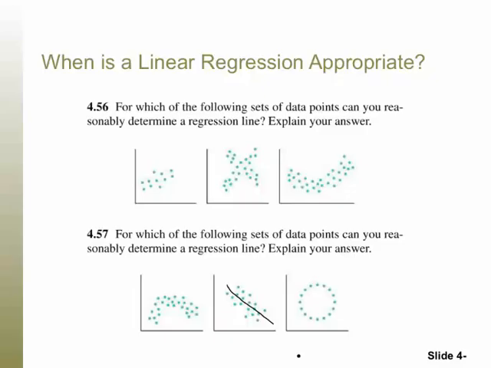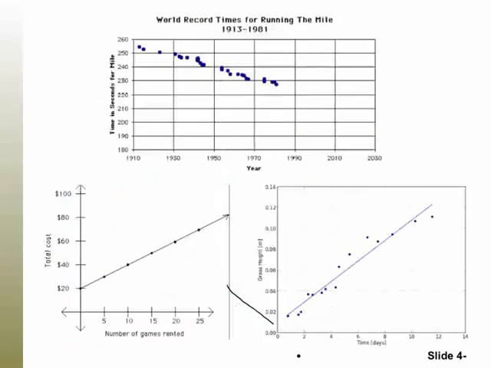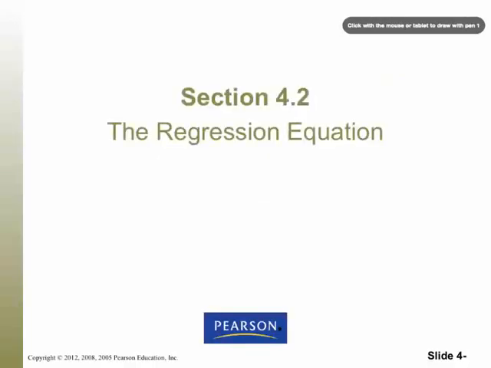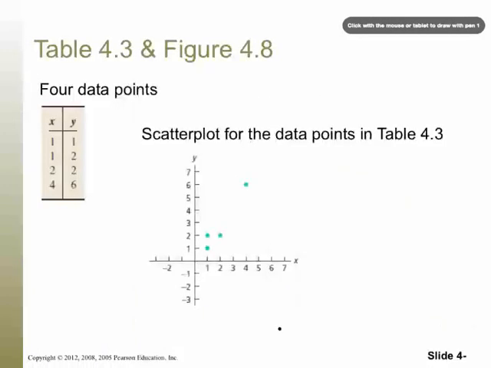Like the ones we saw on the previous page, these both have a very strong linear tendency, whereas the ones we just showed have less, but still some. So there are varying degrees of how well a line fits the data. So we want to come up with an equation for doing this.